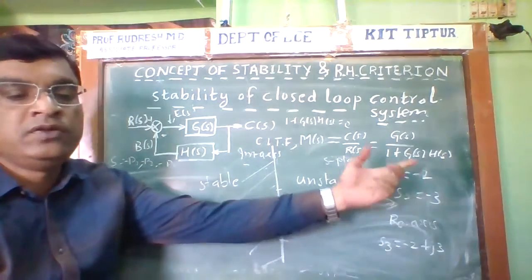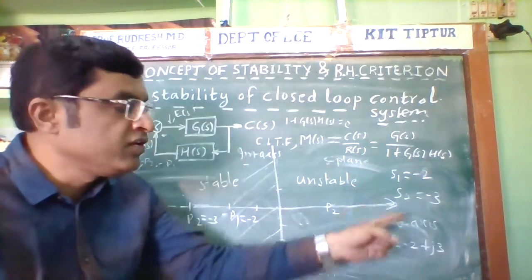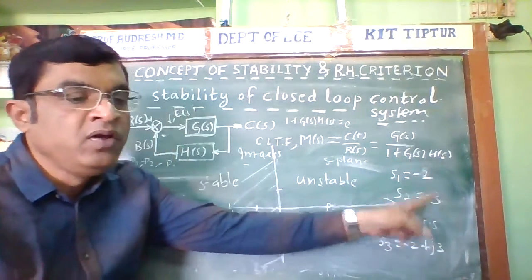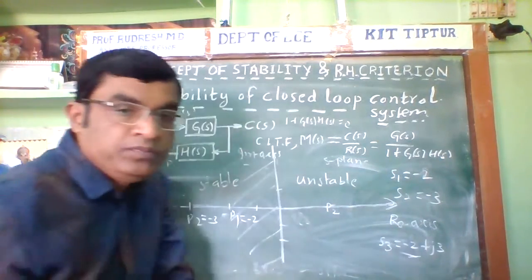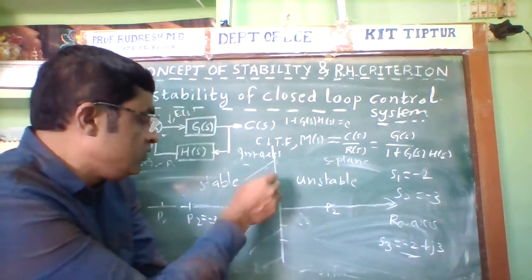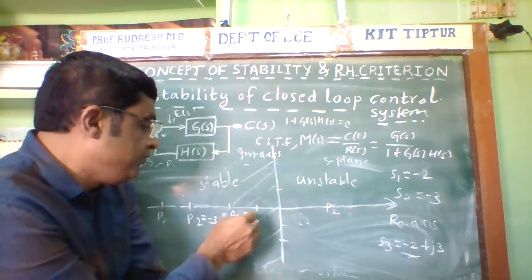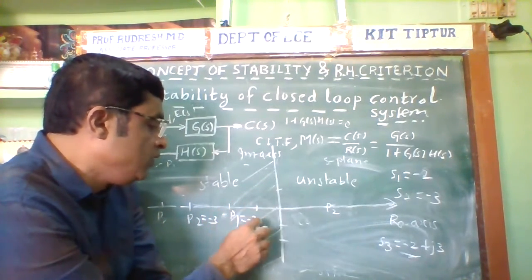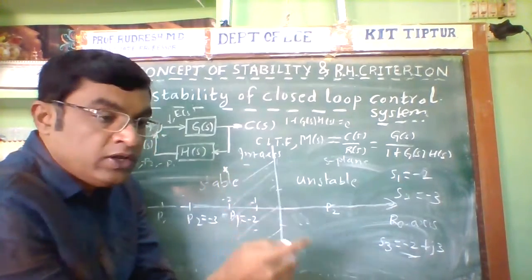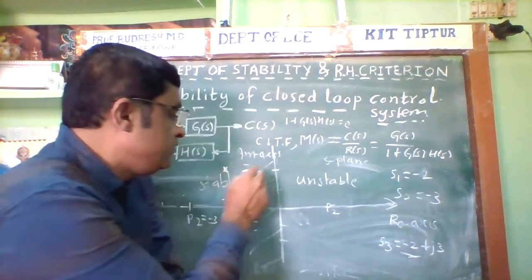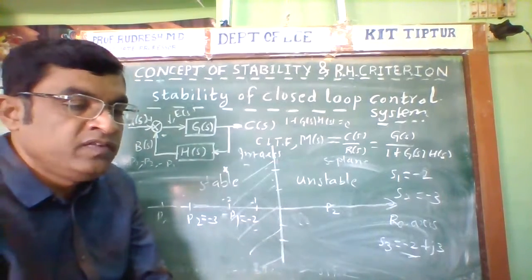The system is stable if all the roots are negative real numbers or complex numbers with negative real part. This root is lying on the left half of the S-plane. Then this is the condition.